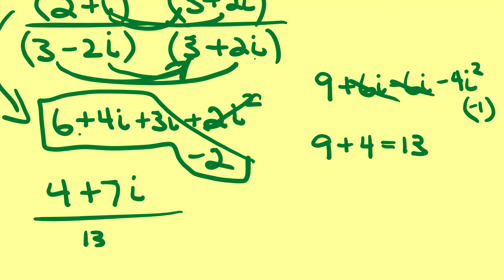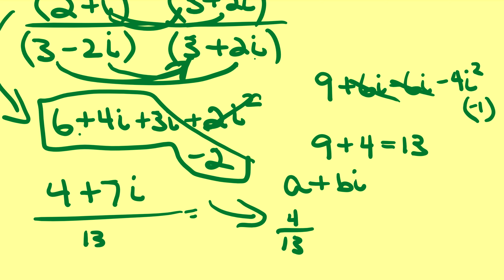Okay, I don't want to leave it this way. I'm not sure if the computer will take that as your answer, but the more proper way of writing this would be in the a plus bi form. So if I split the 13 with the 4, that'd be 4 over 13 plus 7i over 13.